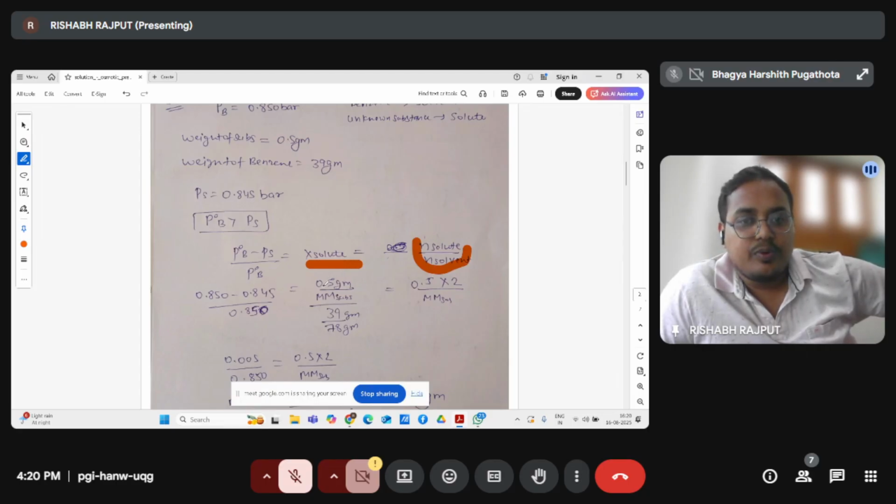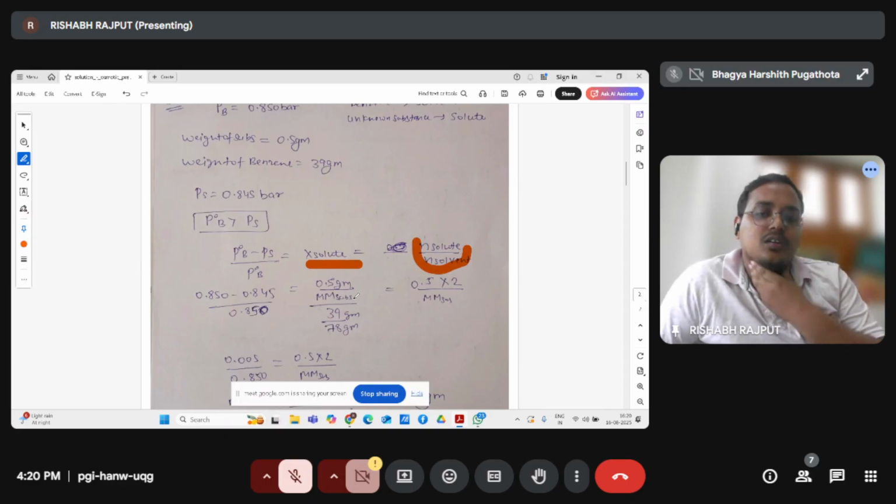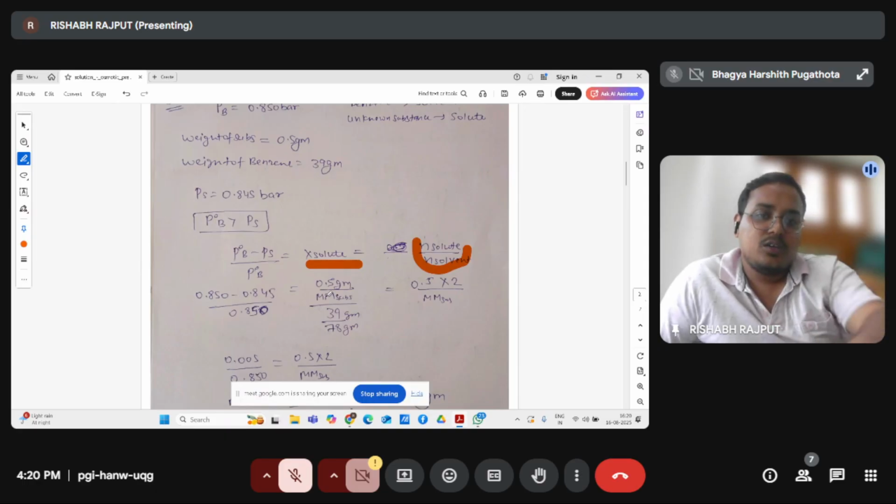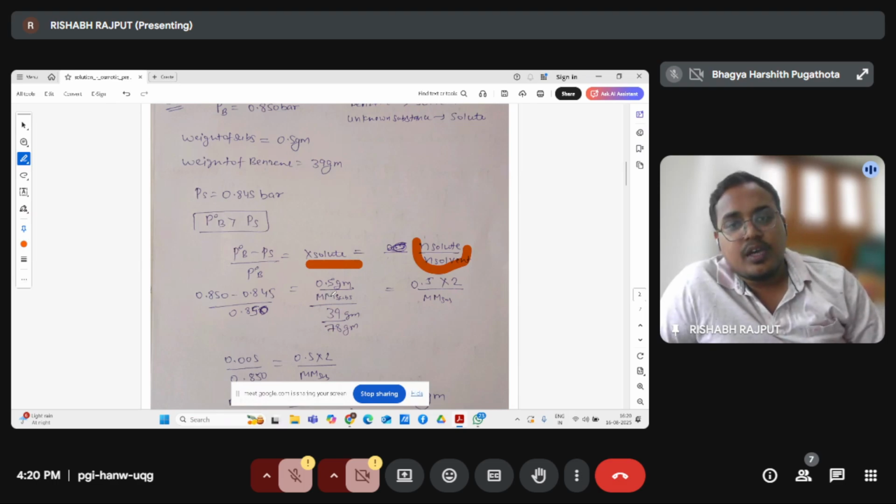Just divide 0.5 gram by molar mass of substance, because in that question they do not mention the molar mass. So you just put molar mass of substance. And downside, mole of solvent is there. Mole of solvent is benzene actually. You know the weight of benzene is 39 gram and molar mass of benzene is 78 gram, mentioned in the question. Just divide 39 by 78 gram.